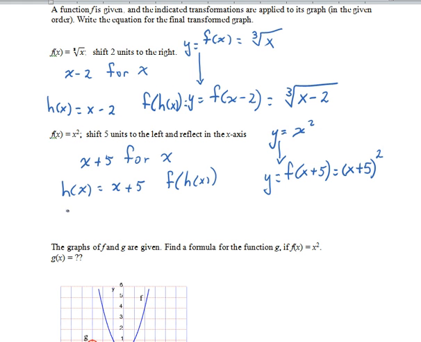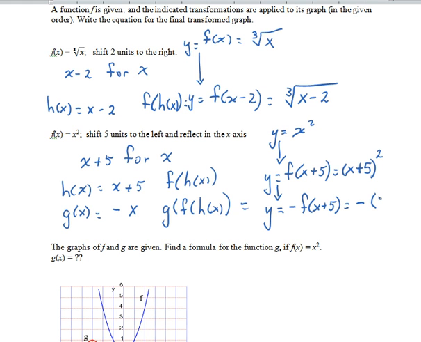In terms of functions, if we let g of x be the function that multiplies its input by -1, or takes the opposite of its input, then g of f of h of x would equal the y we're looking for, which is going to be the opposite of f of x plus 5, or minus x plus 5 squared.